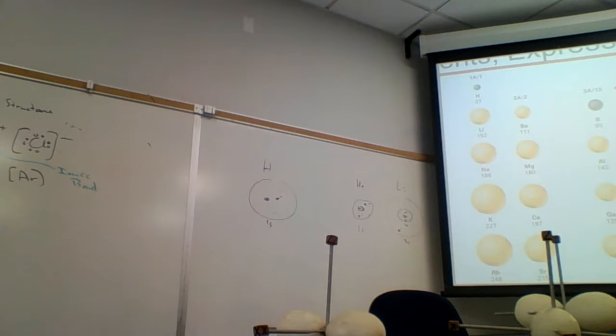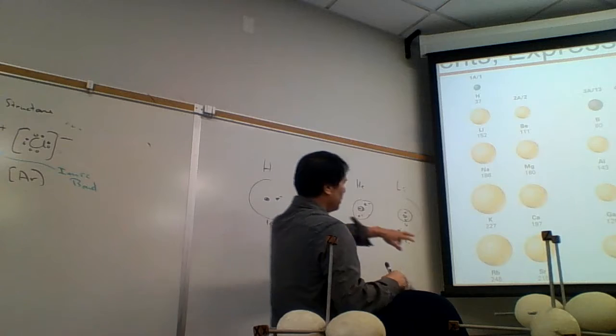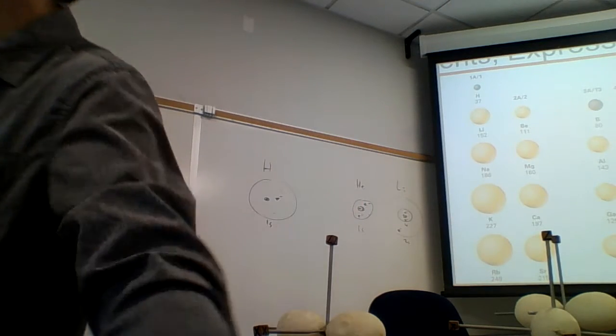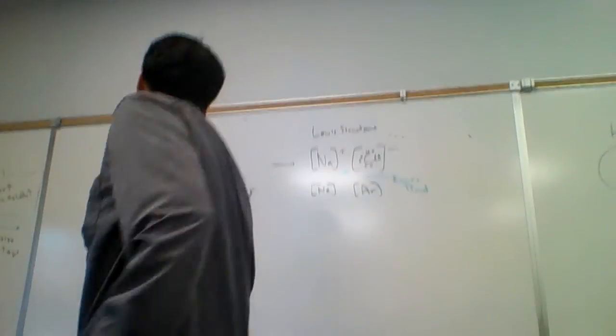And if we go down, the size increases because of increasing number of shells. And therefore, the biggest atoms are going to be at the bottom left and the smallest atoms at the top right.